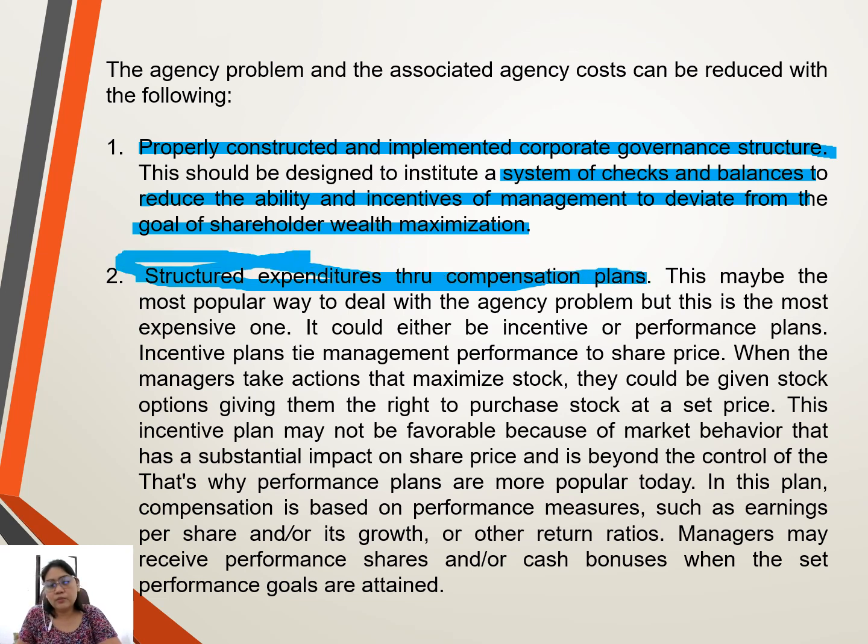This is the most popular way to deal with the agency problem, but it is also the most expensive one. This could either be incentive or performance plans. It means the manager's incentive is linked to his performance, to the performance of the share price. So when the shareholders' wealth is maximized, the incentive given to management is also maximized. Through that, it can be balanced, right?